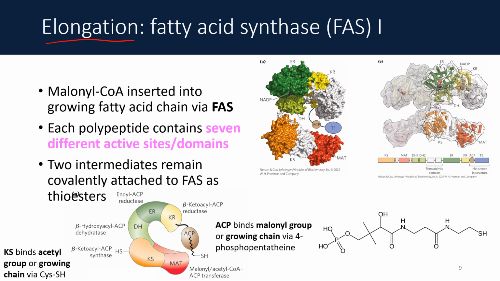The bad news is that fatty acid synthase is actually a homodimer of two humongous polypeptides, and each polypeptide sequence is going to contain 7 different catalytic sites. This is basically 7 enzymes baked into one protein.